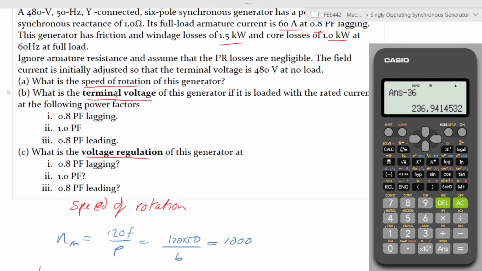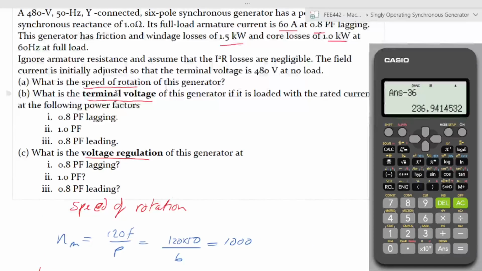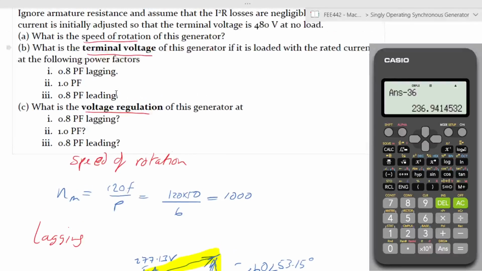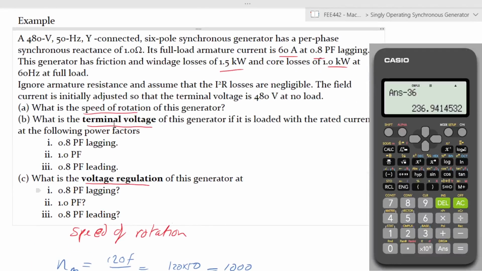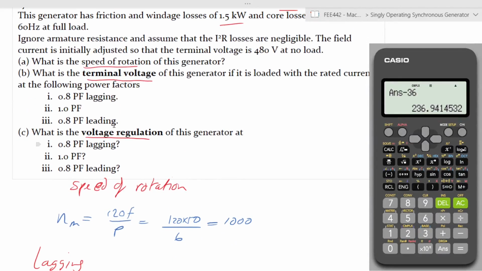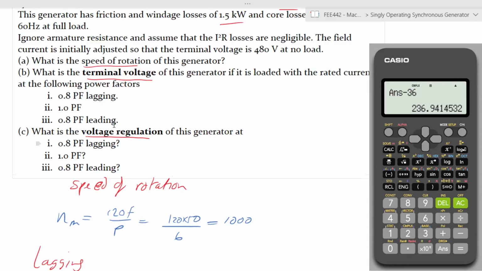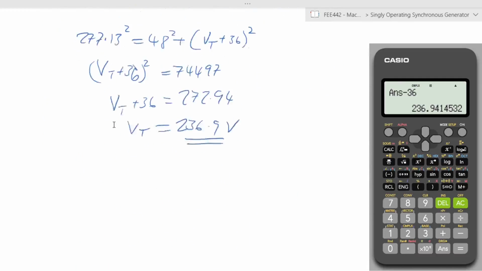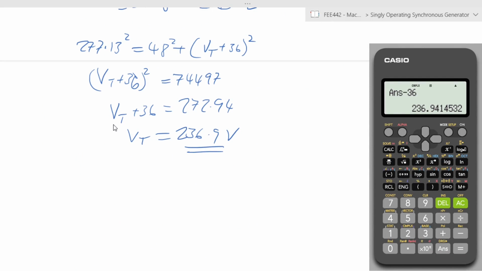You have your terminal voltage at that point. So let's look at, for the same lagging, let's look at the voltage regulation in this case. Now, in this case, we had our terminal voltage. This 236 actually is a phase voltage. So if we want it in terms of line voltage, so VT line, we need to multiply it by √3.